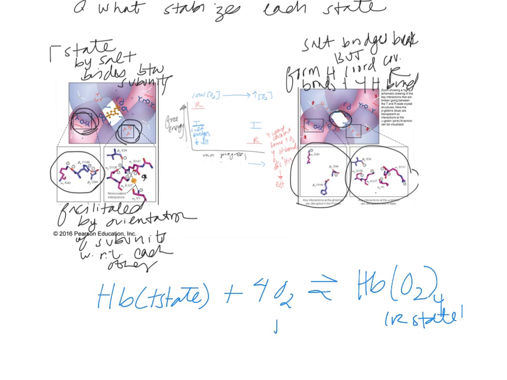So if we increase oxygen concentration, we should shift towards the right, towards the R state, and you should be able to describe the enthalpic contributions that stabilize that. If you decrease oxygen concentration, we're going to shift to the left, where oxygen is now unbound, and you should be able to describe what stabilizes that state.